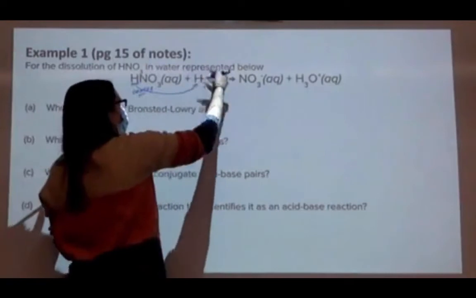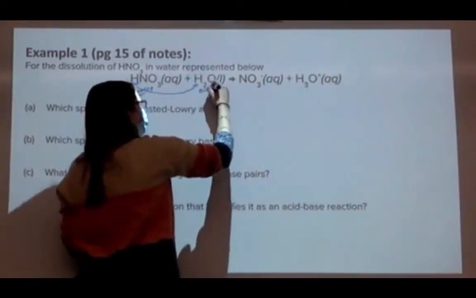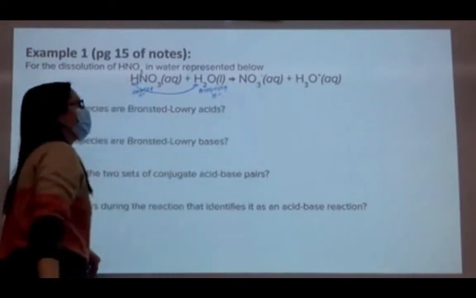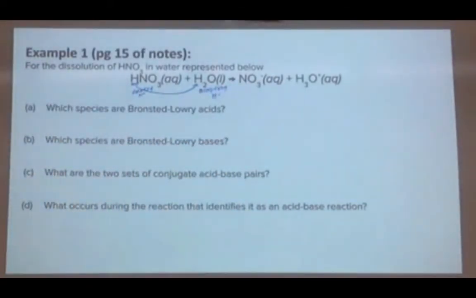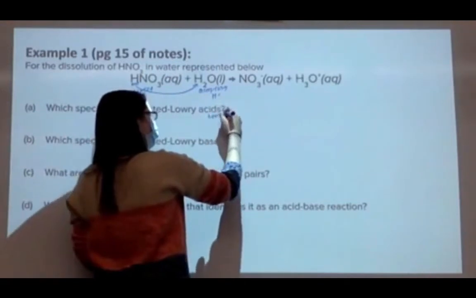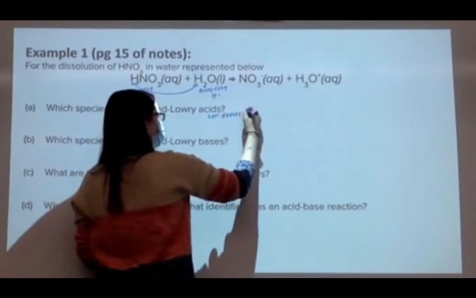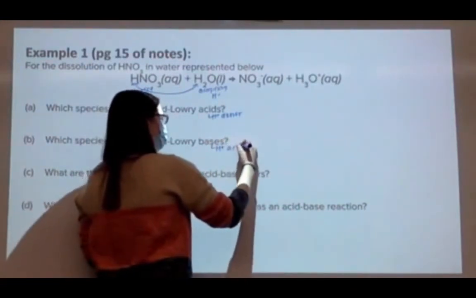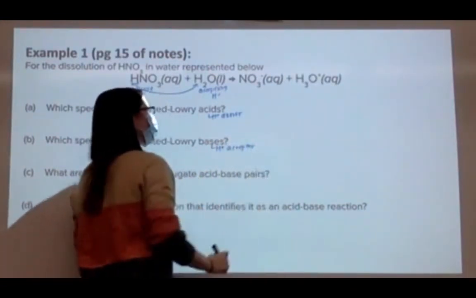HNO3 is donating the H+. H2O is accepting the H+. The Bronsted-Lowry definition of an acid is a proton donor. A Bronsted-Lowry acid is an H+ donor. A Bronsted-Lowry base is an H+ acceptor.